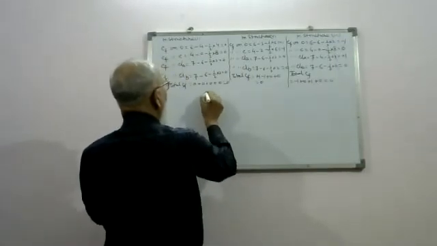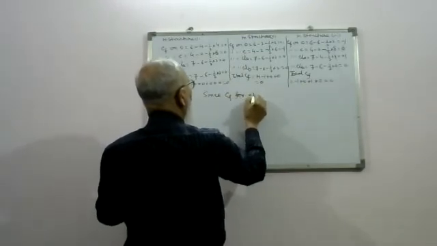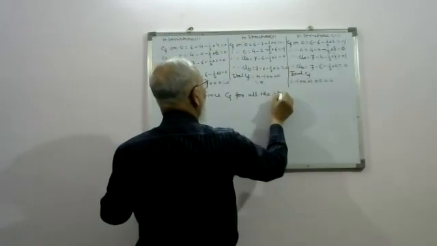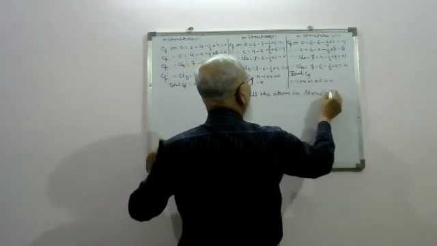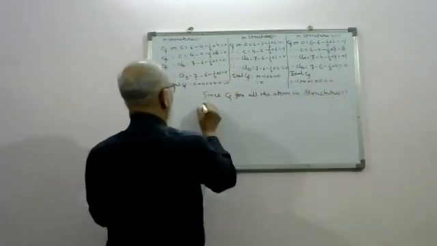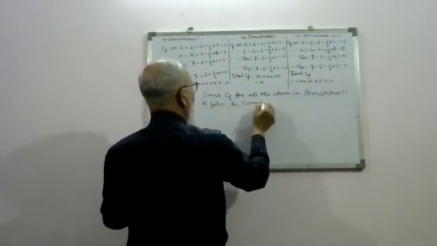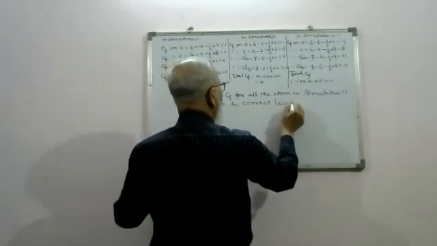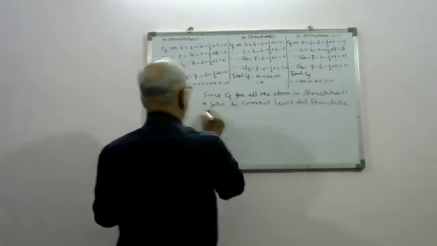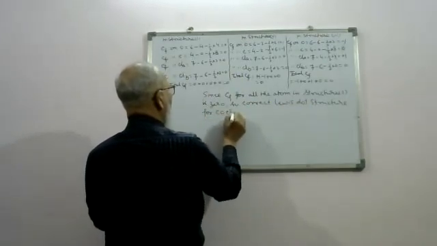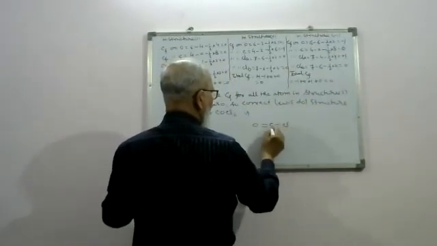So we conclude that since FC for all the atoms in structure first is 0, the correct Lewis dot structure for COCl2 is C double bond O, Cl, Cl.